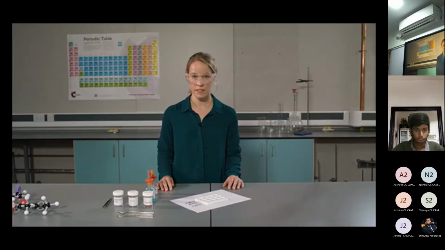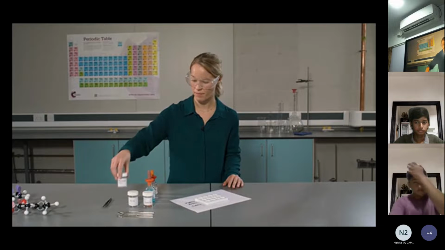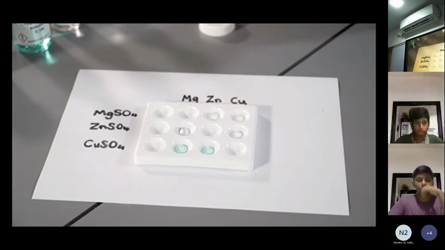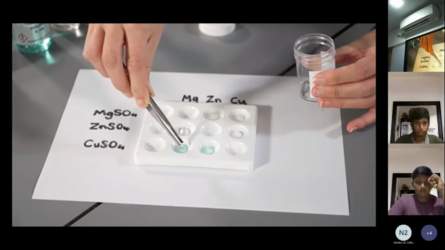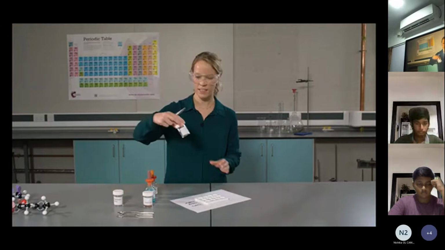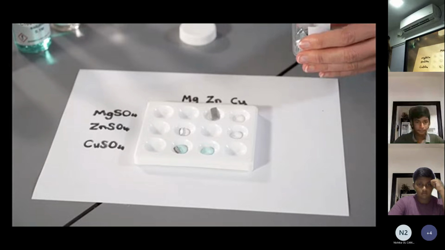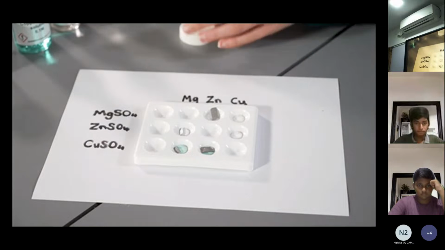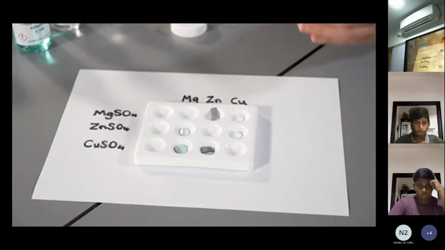Now I'm going to add small pieces of the metal to each of the rows, starting with magnesium. And observations. Next, I will add zinc. And finally, copper.